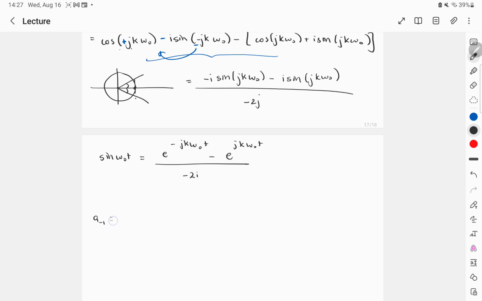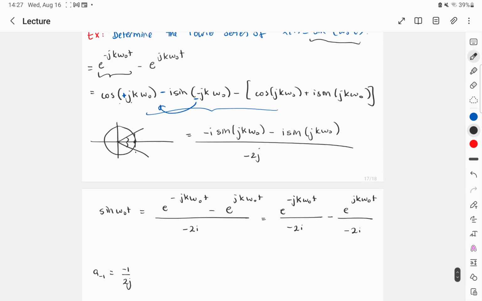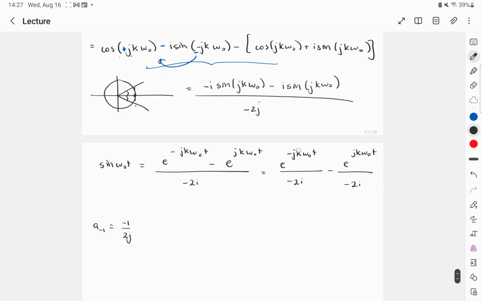So a minus 1 equals minus 1 over 2j, because we can separate these two and it will give us this. The k value, I'm sorry, there's no k here.